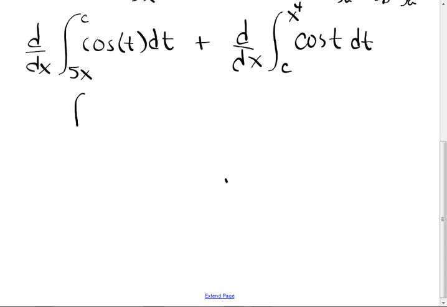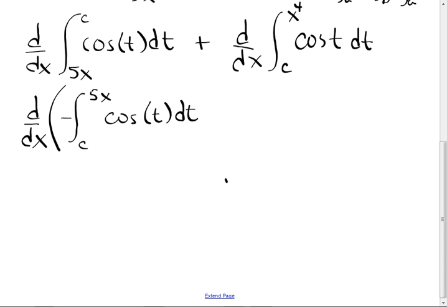So if I switch that and put the c and the 5x here, what happens to my integral? It becomes negative. And that's cosine of t dt. I do believe you are going to find some problems on your test like this. Plus this one. Let's just do it all in one line.